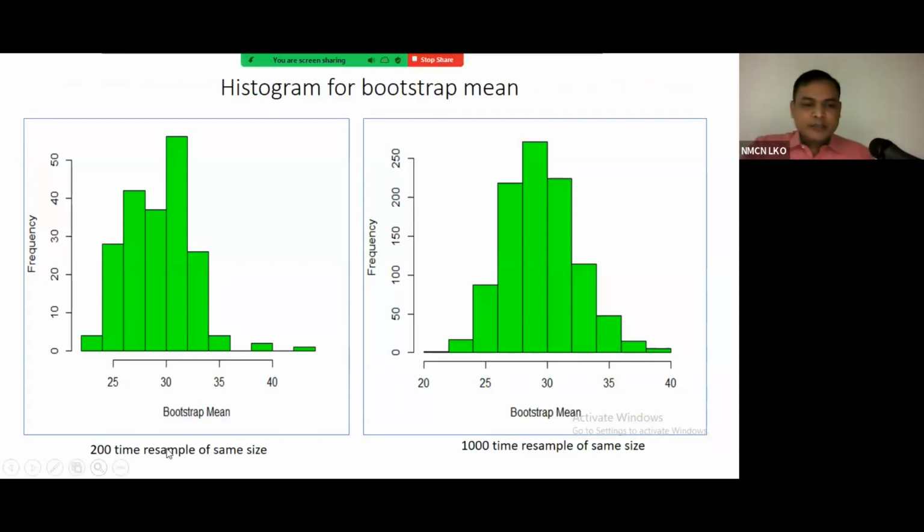In the first picture, we have resampled 200 times, and in the second picture, we have resampled 1000 times. In the first picture, the distribution shows some skewness. But in the second, after 1000 resamples, it looks like a normally distributed sampling distribution.